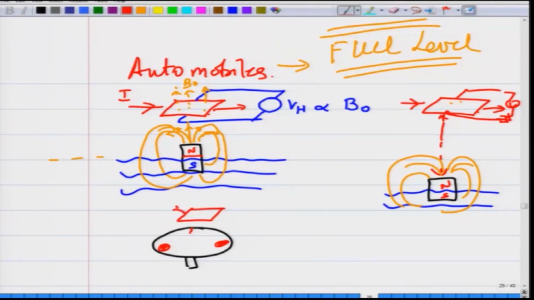Now, you have an input current and you measure the output voltage VH, which is proportional to the magnetic field, and this disc is rotating. As long as these magnets are away from below the Hall sensor, the VH will be low. The moment the disc rotates and the magnet comes to this location, the magnetic field sensed by the Hall sensor will be high, and it knows that there is a magnet in its location.